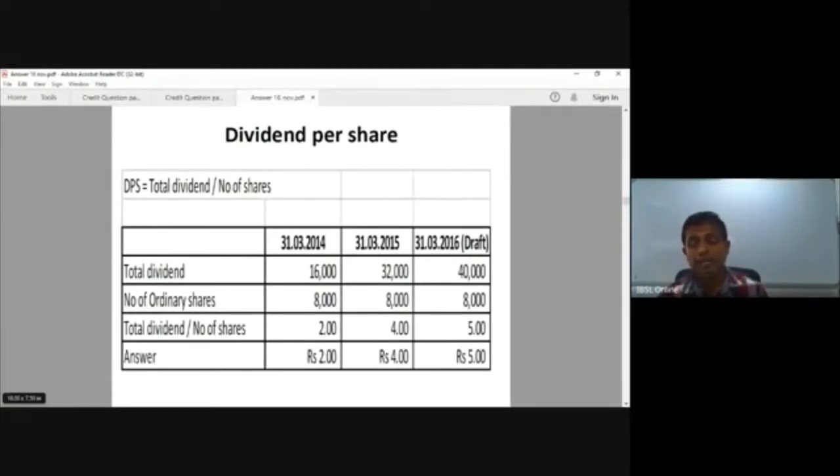But from the company's point of view, when you are declaring dividends, you are taking the funds of the company to outside parties. Therefore, the retention is very low. Then for additional projects you have to borrow loans or issue new shares. From the company's point of view, declaring a higher dividend is not good.